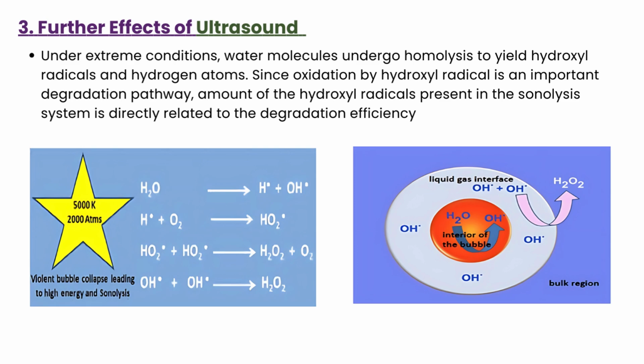Okay, the violent bubble collapse leads to high energy and sonolysis, and this is how hydrogen peroxide is made. This particular hydrogen peroxide is killing. This is one method. The other method is also cavitation, which is coming in the fourth one.